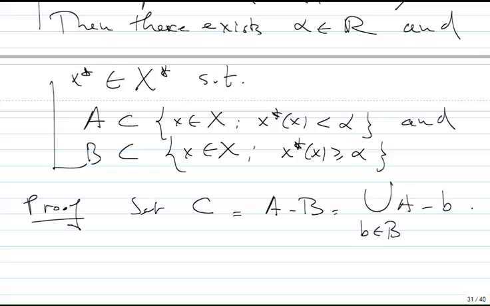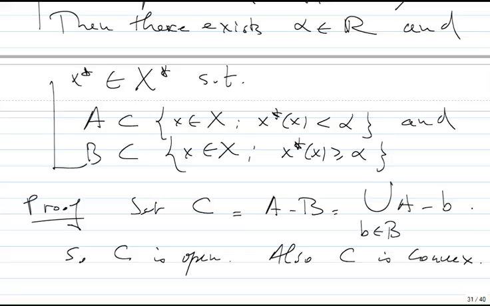Okay, so C is open. Of course, translation by addition is an open map, so we're not just using the continuity. Also, C is convex because both A and B are convex.